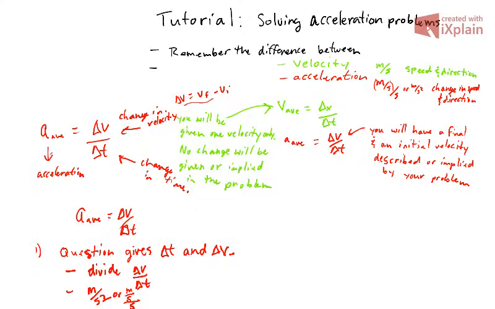Okay, the second possibility for this equation would be the question gives a and delta t. In this case, you're going to have to do some algebra.